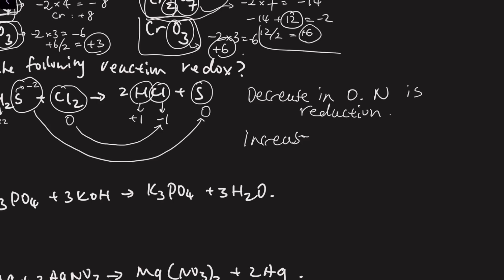How do you get more negative? By gaining electrons. So that's why it's reduction. Increasing oxidation number is oxidation. You are increasing your charge, so the only way to do that is to lose electrons. That's why it's oxidation.